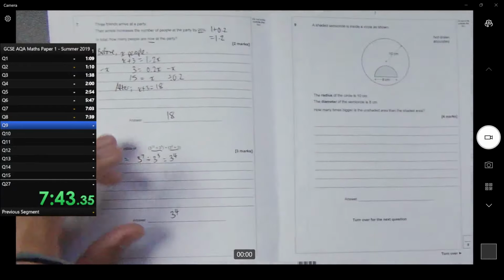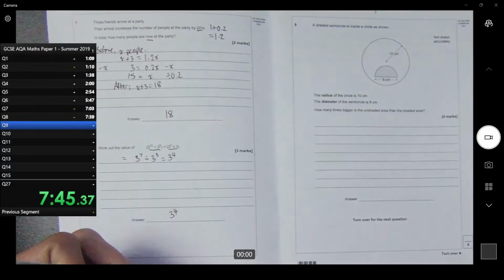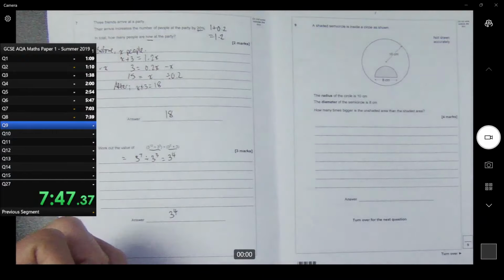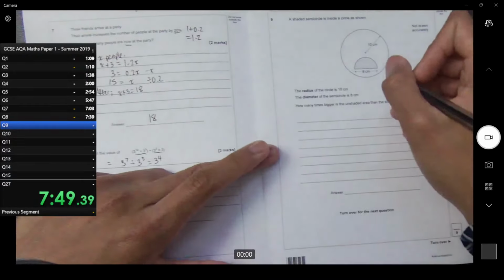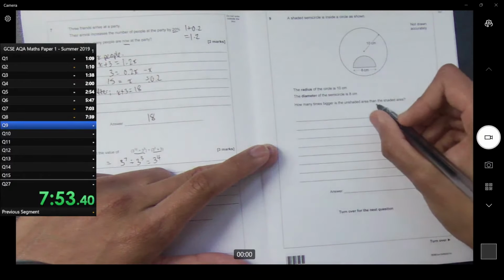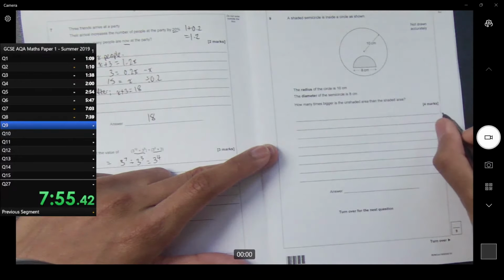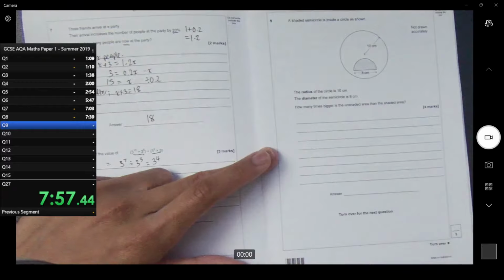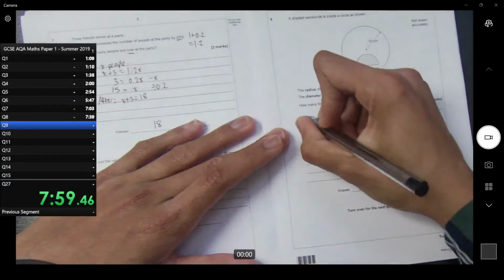Question 9. Radius of the circle is 10 centimeters. Diameter of the semicircle is 8 centimeters. So how many times bigger is the unshaded area than the shaded area? Right. So it's best if we work out the shaded area.